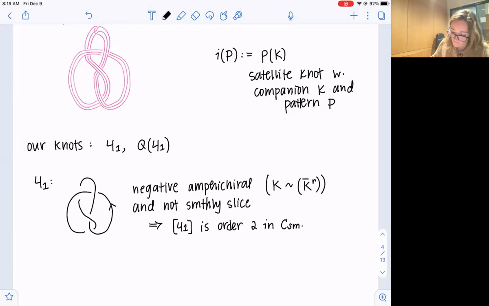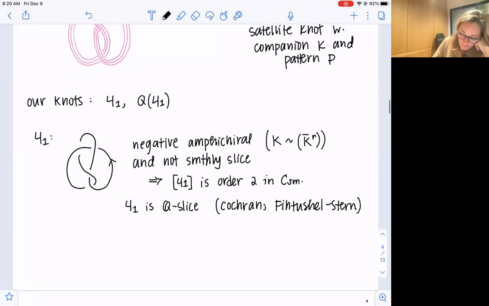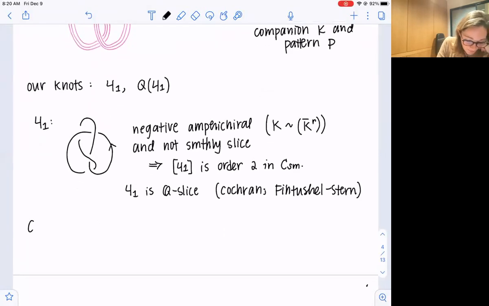And then we also know that it is rationally slice, and this is due to work of Tim Cochran based on earlier work of Fintushel and Stern. So we have that this knot satisfies the conditions I outlined earlier. And why are we taking this specific satellite?